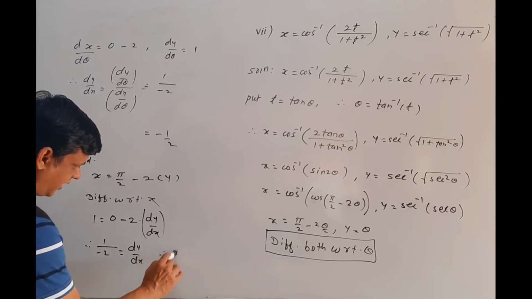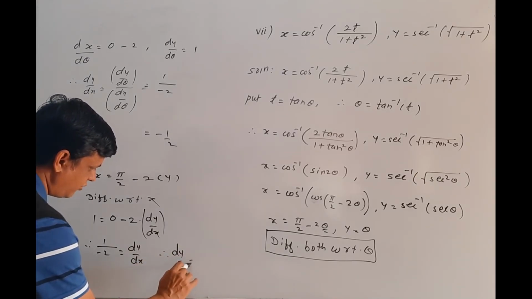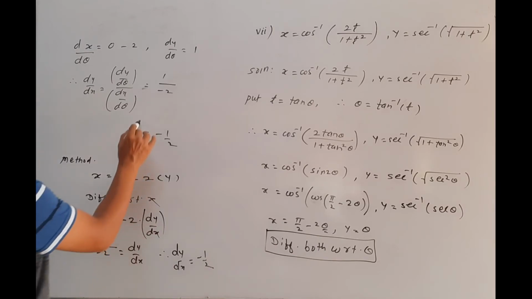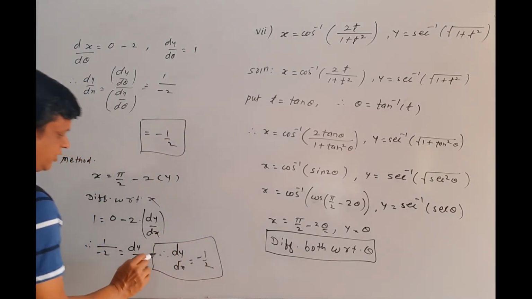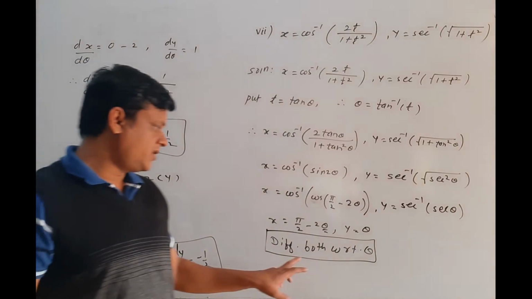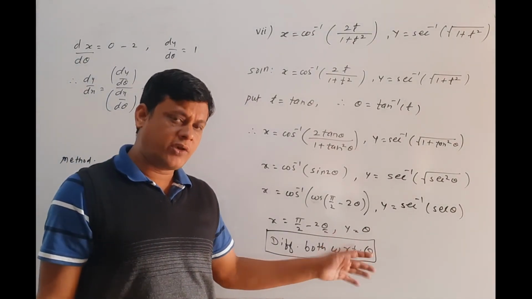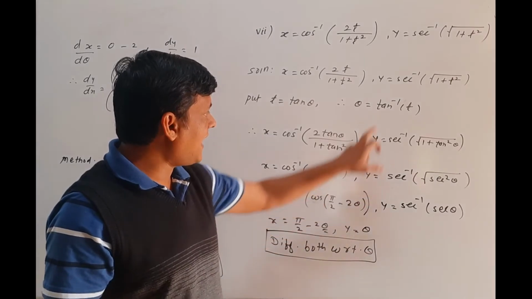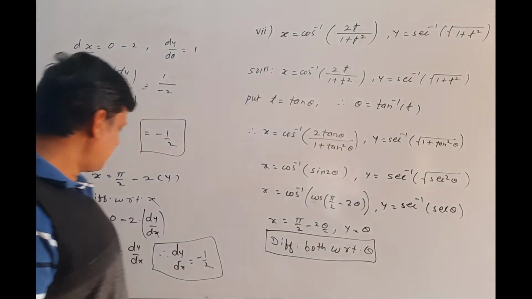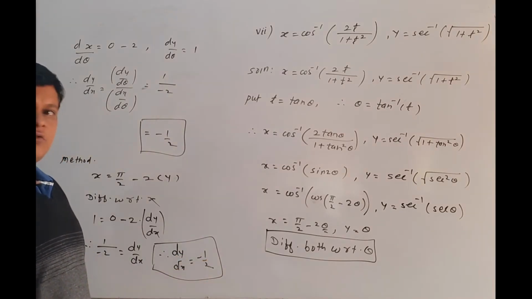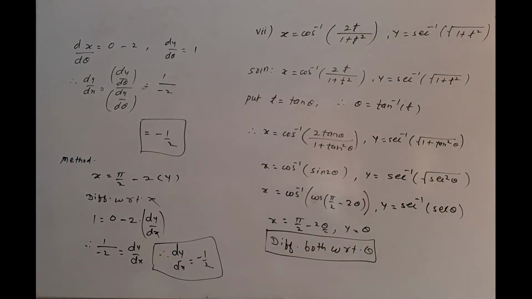That means dy/dx equals minus 1 by 2. That means we get the same derivative. So that is your choice: you can differentiate with respect to θ, or you can replace the value of θ as tan inverse t. In that case also you will get dy/dx equals minus 1 by 2.